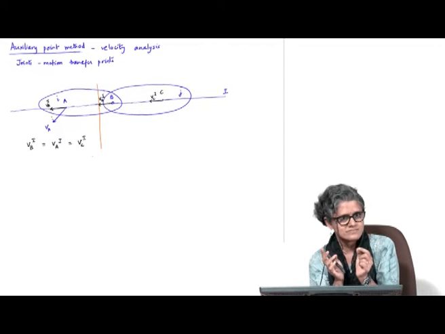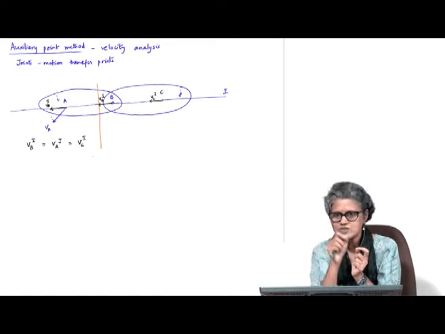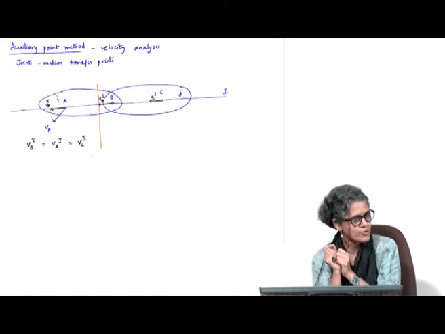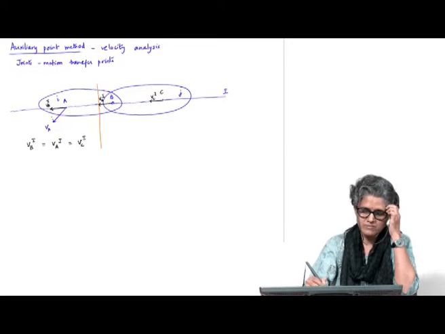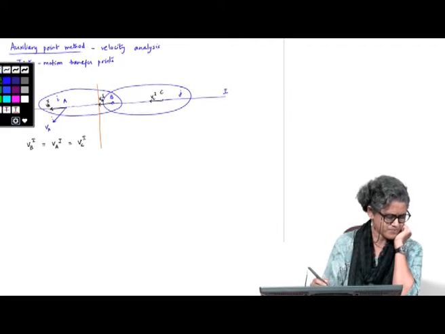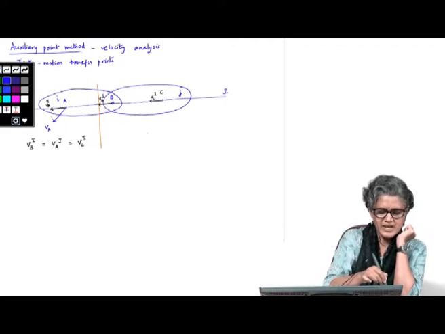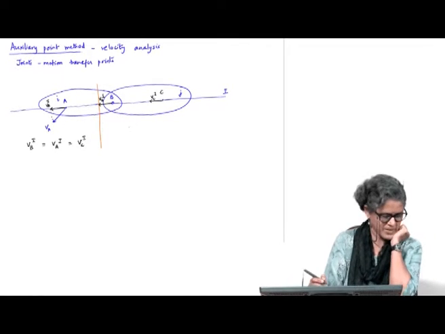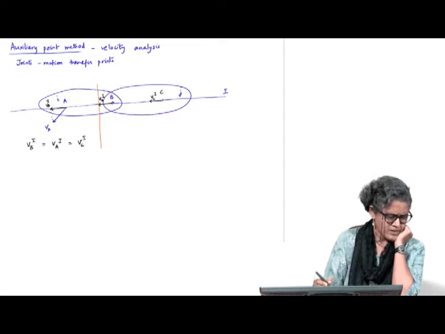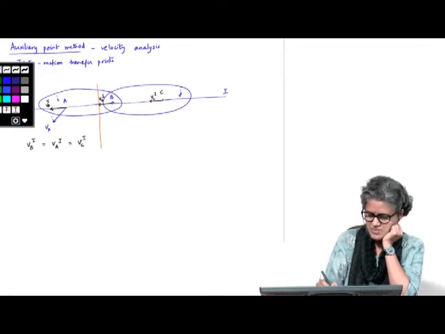Wherever they meet, that will give me the head of the actual velocity vector of that point B. That's the principle, similarly for velocity of C. So let me just write down a couple of things and then we'll do an example. So this is the basic principle.